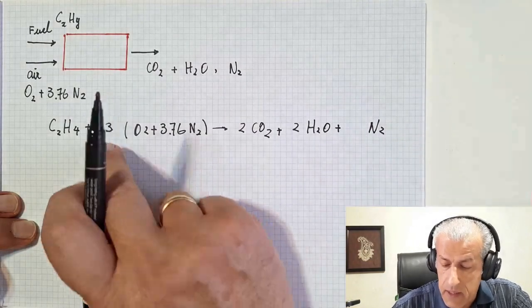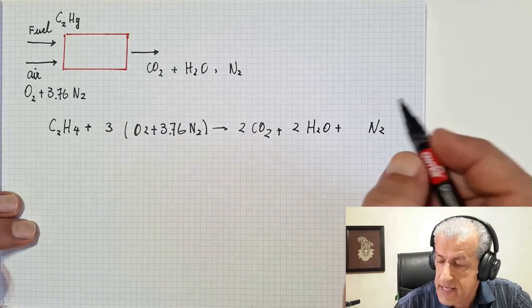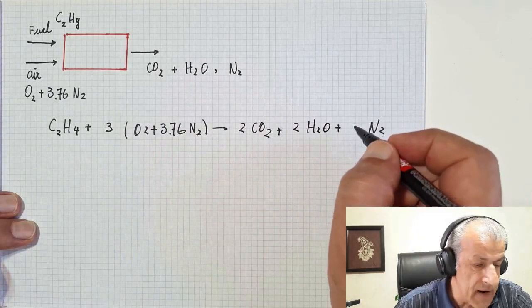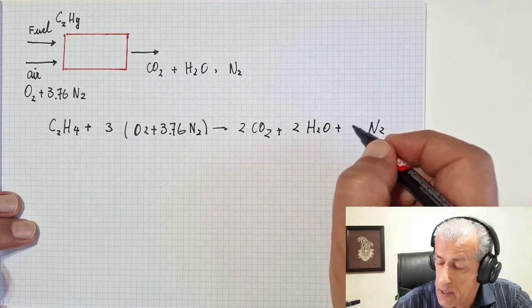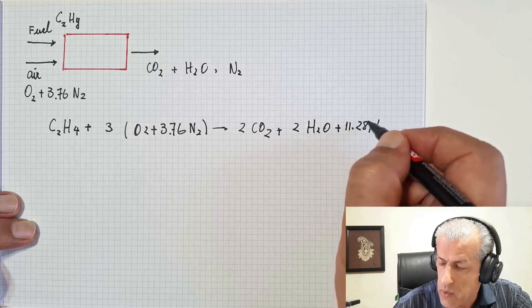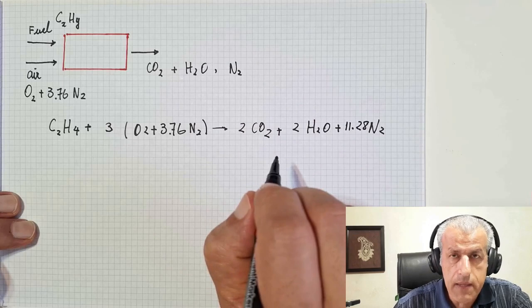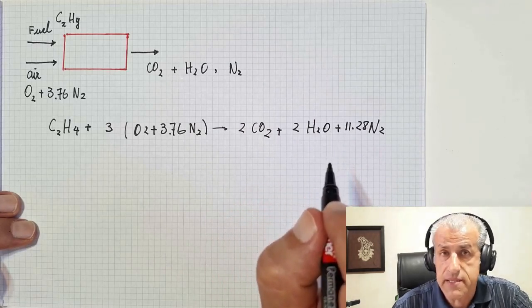And finally, we just have to multiply 3 by 3.76 and calculate whatever N2 enters this combustion. So it would be 11.28.